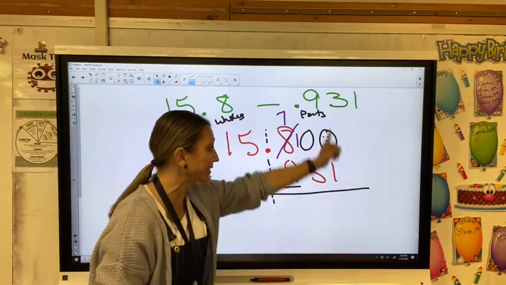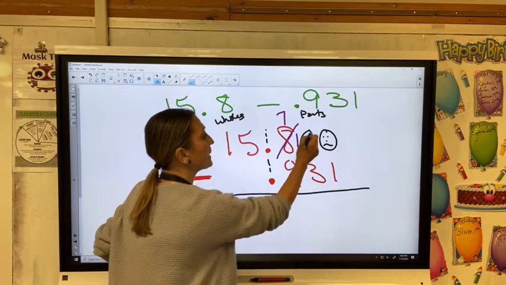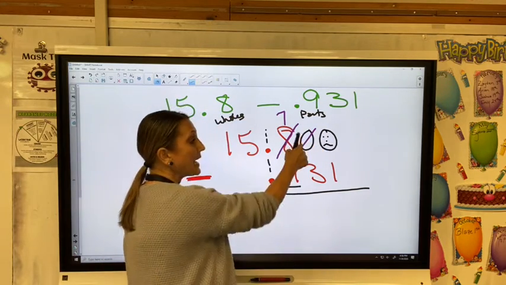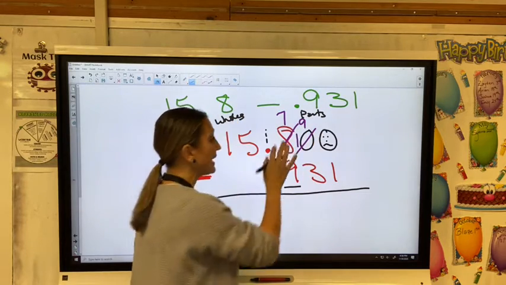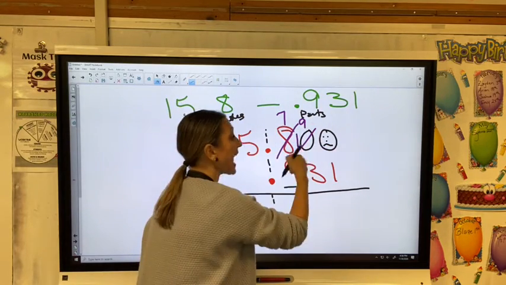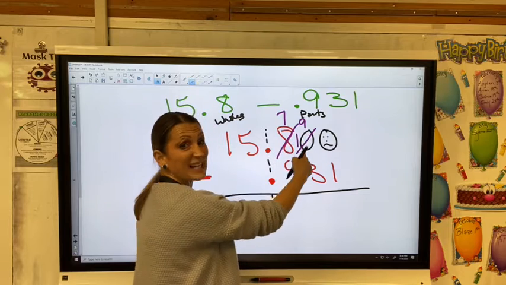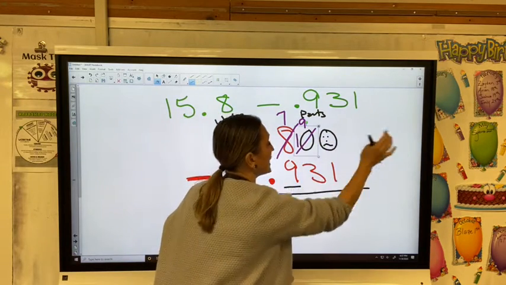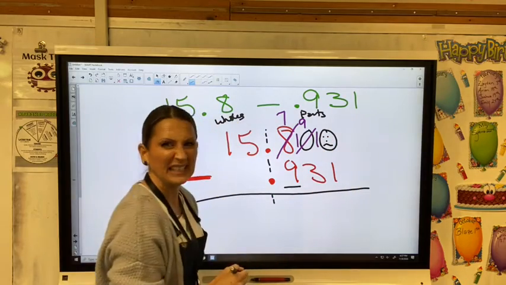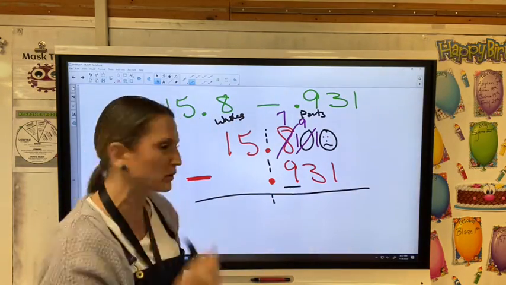I still can't take 1,000 from nothing. So I'm going to regroup again, and I'm going to take one of those 10s away, leaving it to be 9. And I took that 10, I turned it into 100 pennies. I took that 100 pennies, and I'm going to turn it into 1,000 little pieces of Abraham Lincoln's nose.